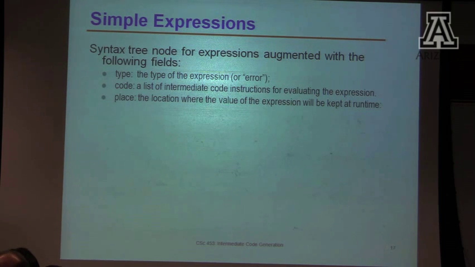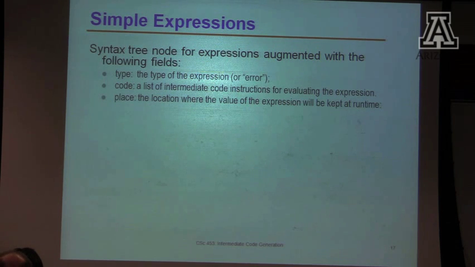At a node, I visit my children. When I return from those traversals, I have a list of instructions for each child. Then my job at my node is to generate any additional instructions corresponding to the operations at my node, and glue together the instructions for my children into a bigger list that's now associated with my node, and that's what I send back up to my parent.